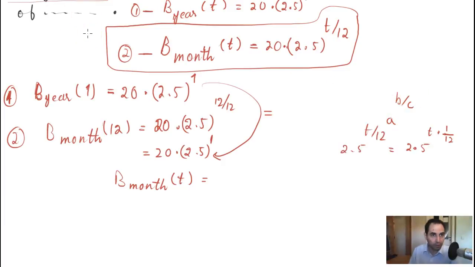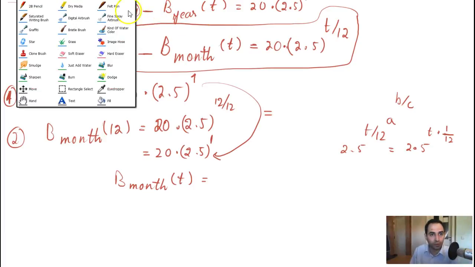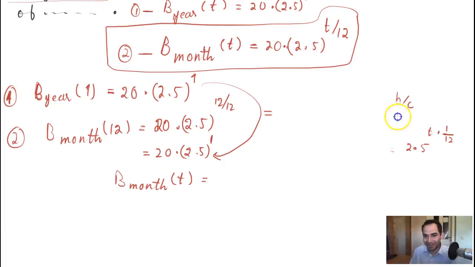I had to think for a few minutes to figure this out. What I want is to rewrite this so that I have only the variable as the index. The index right now is t by 12. I want to make it only t, so that I can know what is really being multiplied by the output of the function every time I make changes to this t.